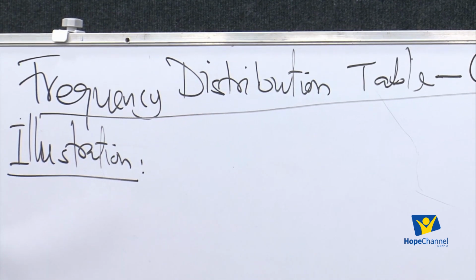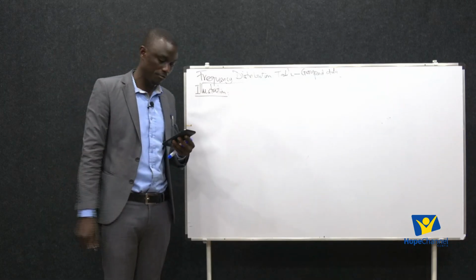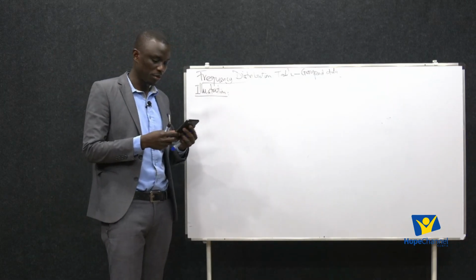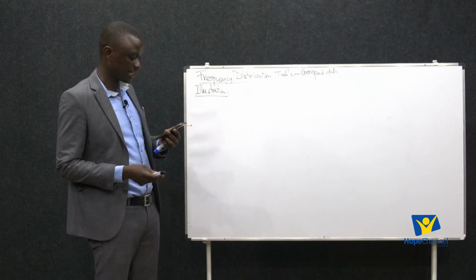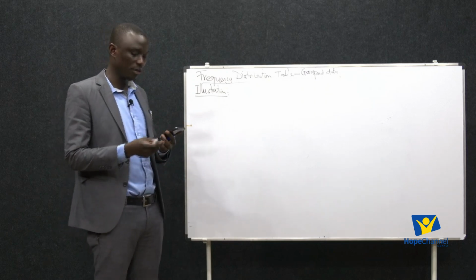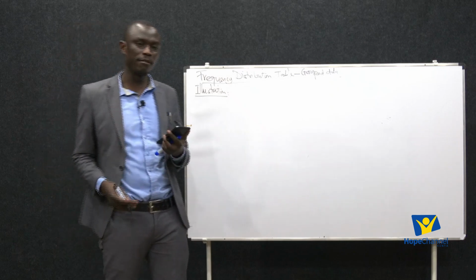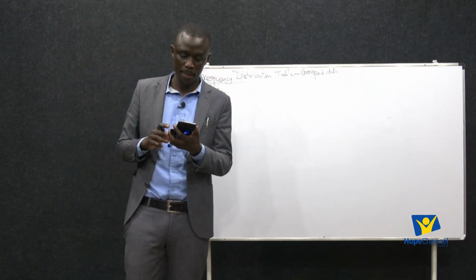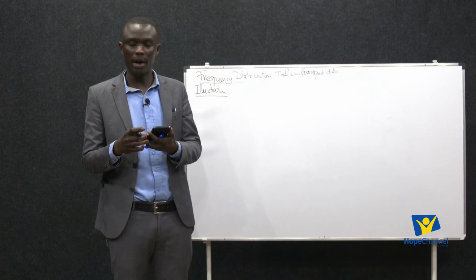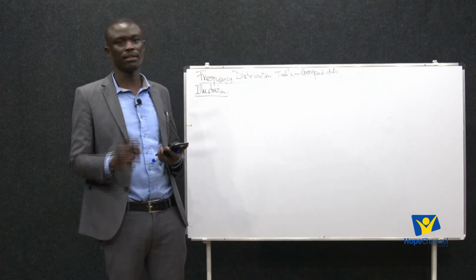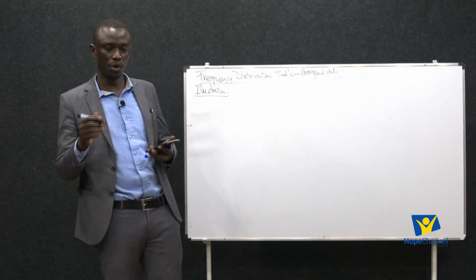We are told that the heights of 25 coffee shrubs in a certain farm were recorded in centimeters as shown below.